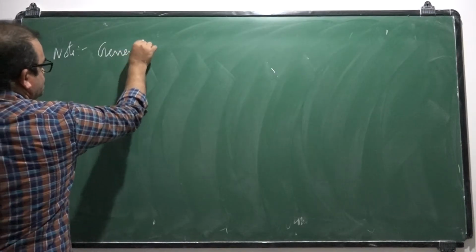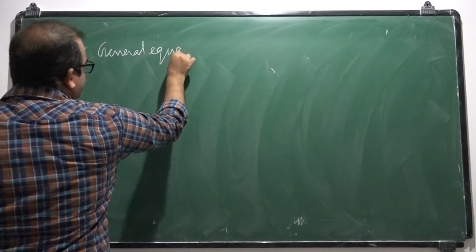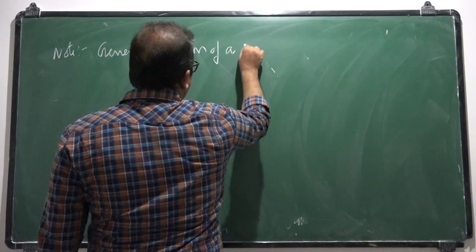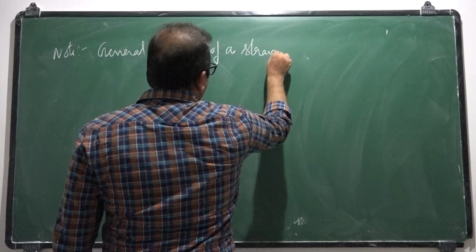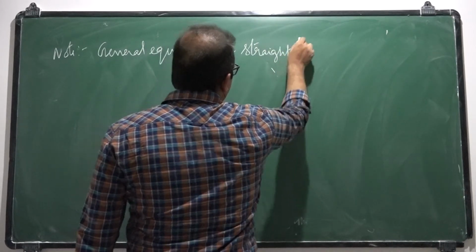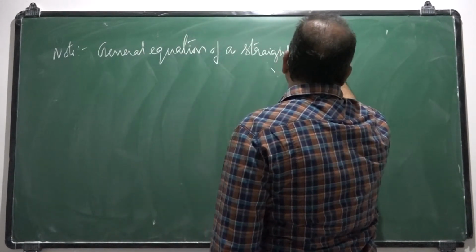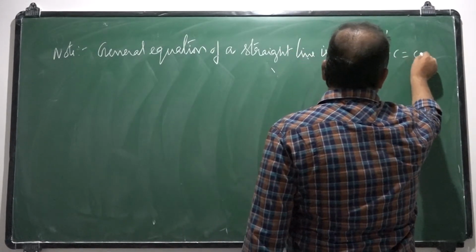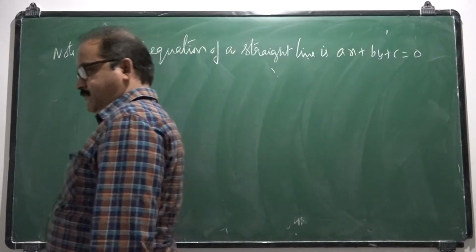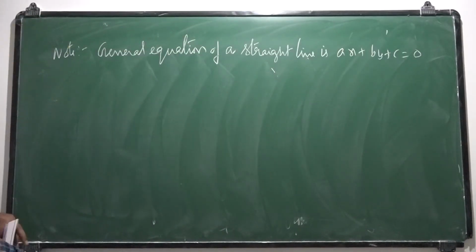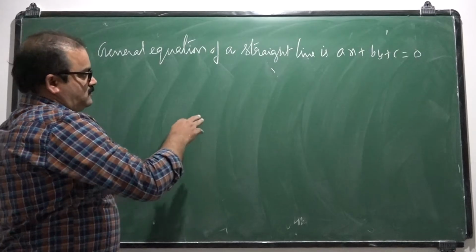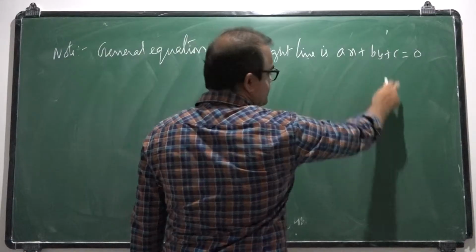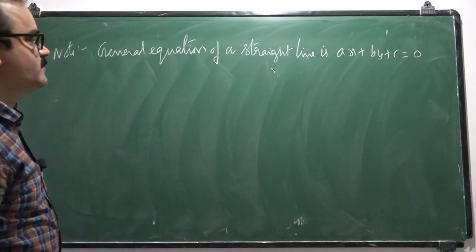The general equation of a straight line is ax plus by plus c equals 0. The general equation of the straight line is in this form. It is a first degree equation in two variables x and y.